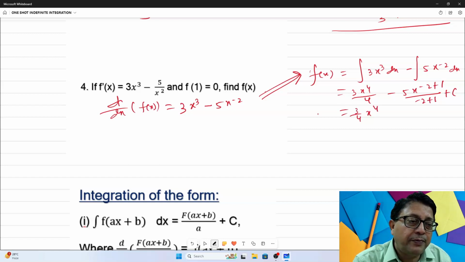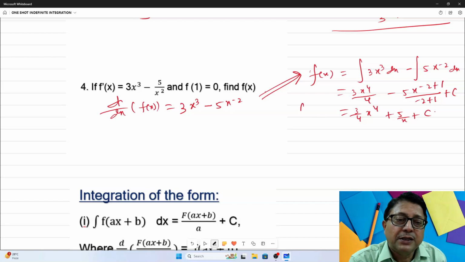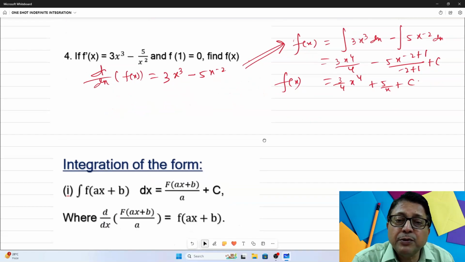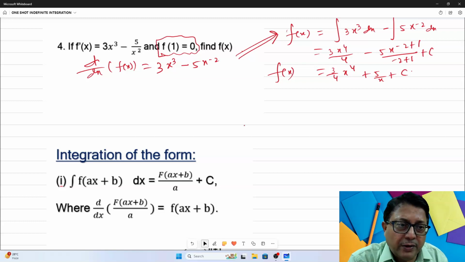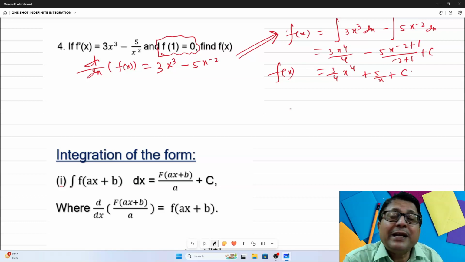So it is 3 by 4 x to the power 4 plus 5 by x plus c. This is f(x). One initial condition is given over there. I told you, if an initial condition like this is given, f1 may be 0 or whatever, one condition is given, then you will get the value of c from this calculation.